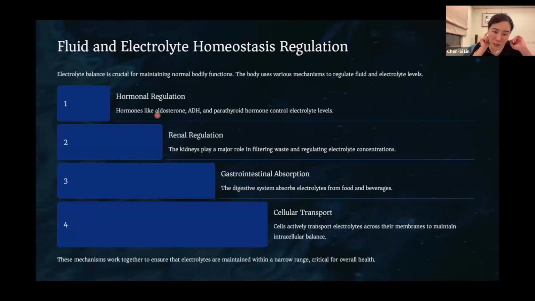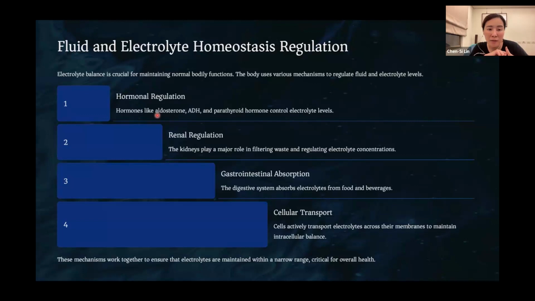ADH is also a hormone that works on the tubular epithelium cells of the kidney, but it is mainly responsible for water reabsorption by the kidney, as well as the parathyroid hormone. These three hormones are the main hormones responsible for electrolyte and water homeostasis.